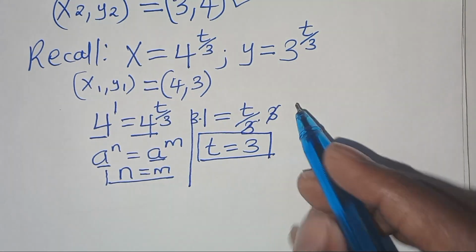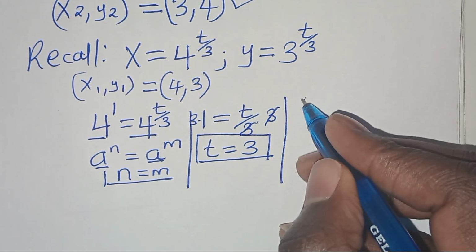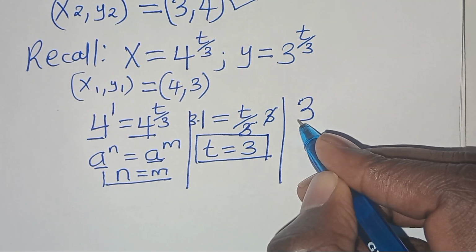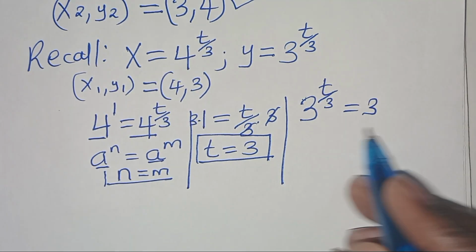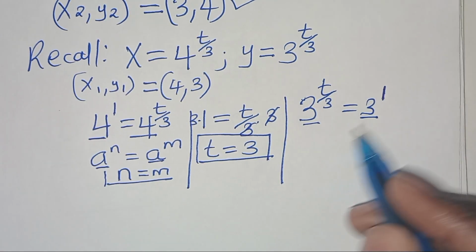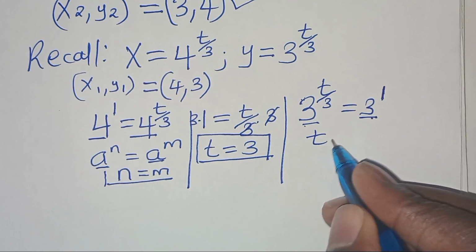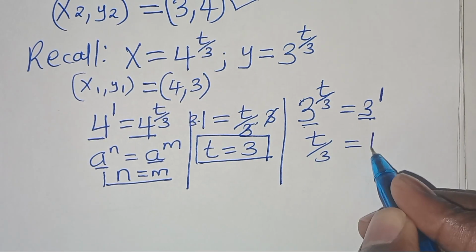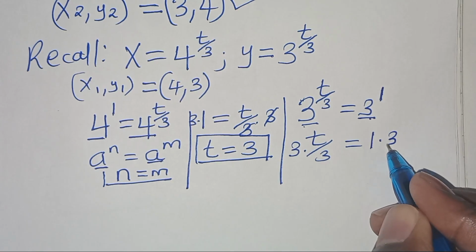Let's check for y. Y here is 3. So we'll have 3 to power t over 3, which is equal to 3. The bases are common here, so this is 3 to power 1. Since the bases are common, we equate the powers, that is t over 3 is equal to 1. So let's multiply by 3 on both sides.